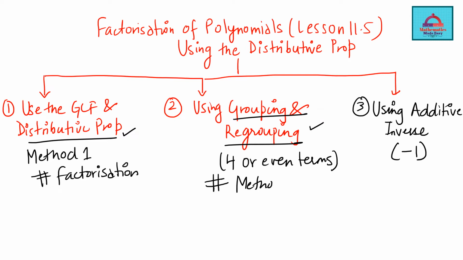And as you saw in the previous slide, factorization is the opposite of multiplication. So you are given a polynomial and you are going to write it as a product of monomials or binomials. So let's start with the first method, using GCF and distributive property, in the next slide.